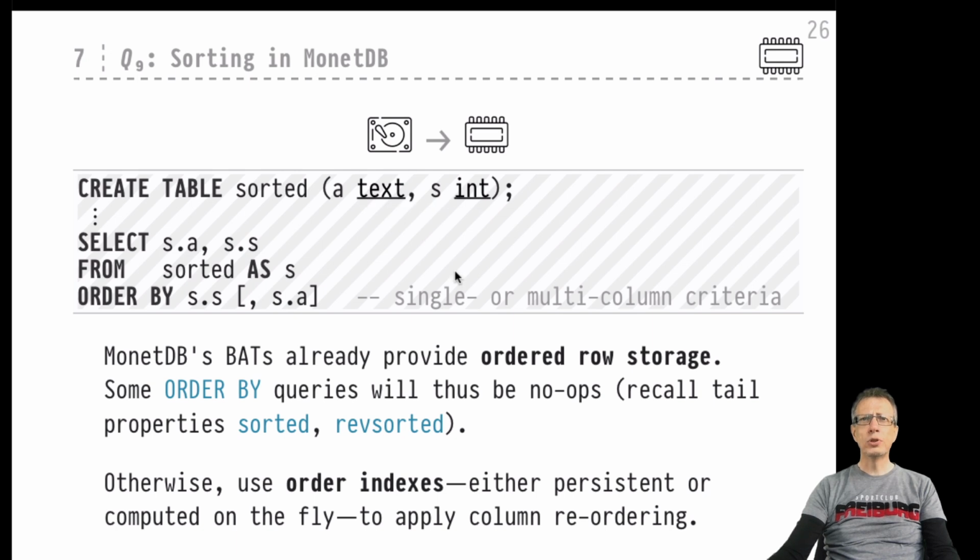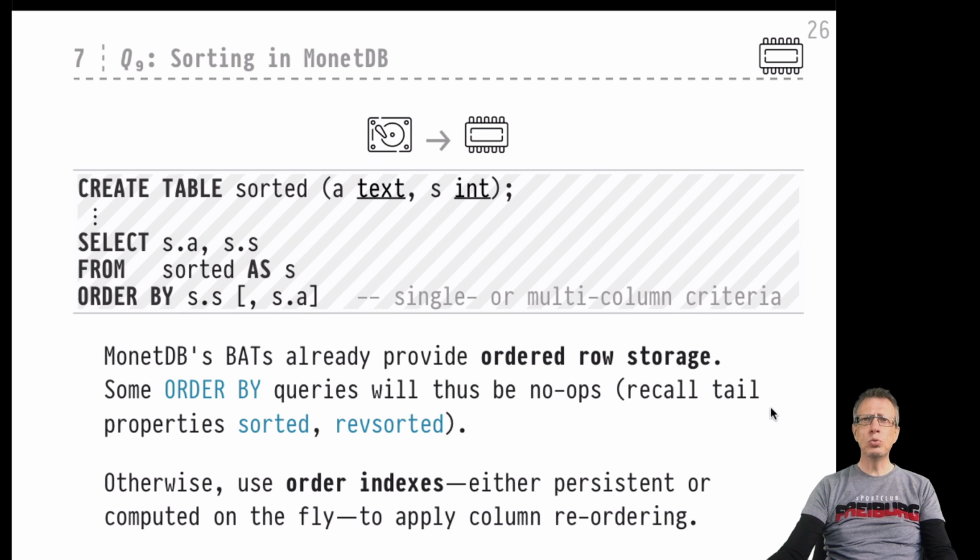But first off, of course, MonetDB's BATs, the binary association tables, already provide ordered storage of rows. So if we are lucky, then indeed a BAT might already be sorted in just the order that our order by criteria request. Some order by queries will thus be no-ops.